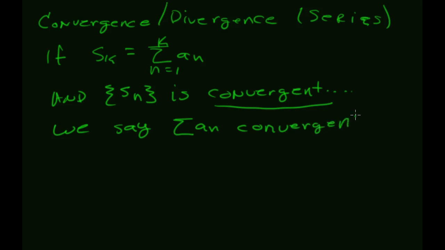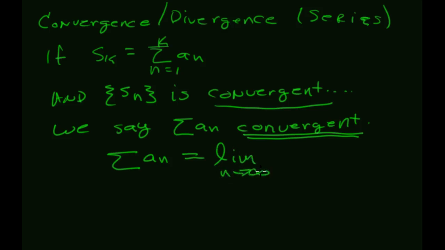So if the sequence of partial sums is convergent, then the series itself is convergent. And we say that the sum, the series itself, is equal to the limit of the partial sums as n goes to infinity.